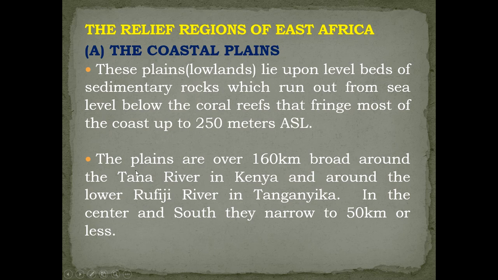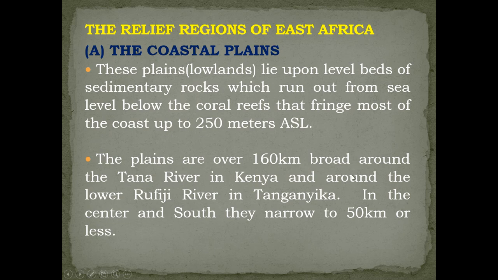That is around the mouth of River Tana. When you look at your map, when you look at your atlas, you can see where River Tana pours its waters into the Indian Ocean. So that region there is an example of an area where the coastal plains lie.